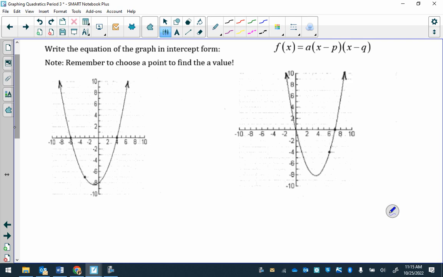So who could tell me what are my two intercepts right here? Go ahead. Okay, so we have negative 6, 0 and 4, 0. Okay, so now this is the shell of our equation.